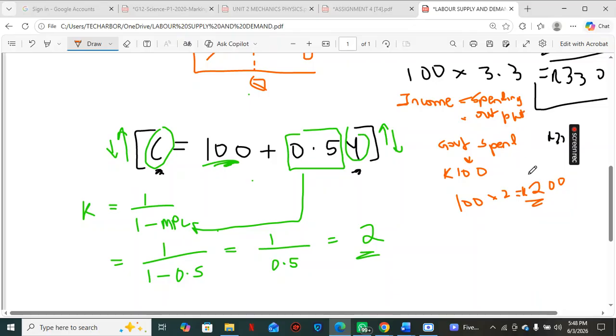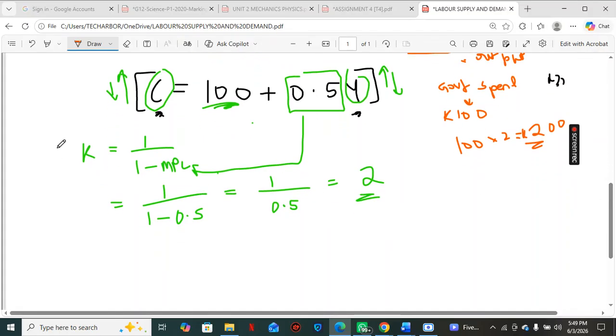So if overall spending will increase by 200 billion, it means overall income in the economy will also increase by 200 billion. Also, the GDP, which is the output, will increase by 200 billion. So that is the spending multiplier. This K here is the spending multiplier.